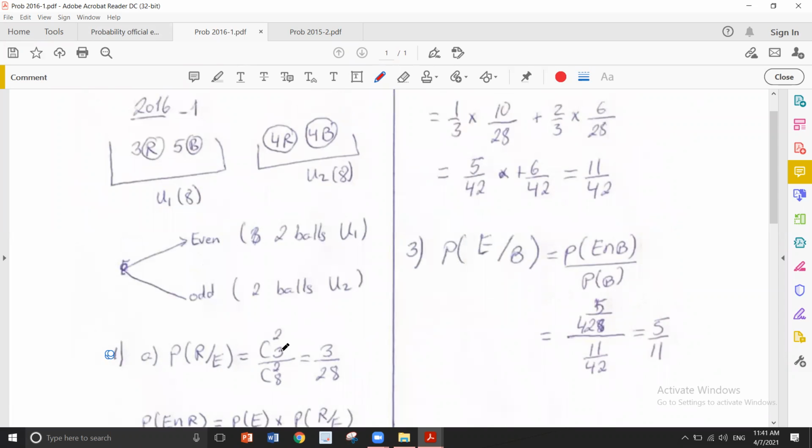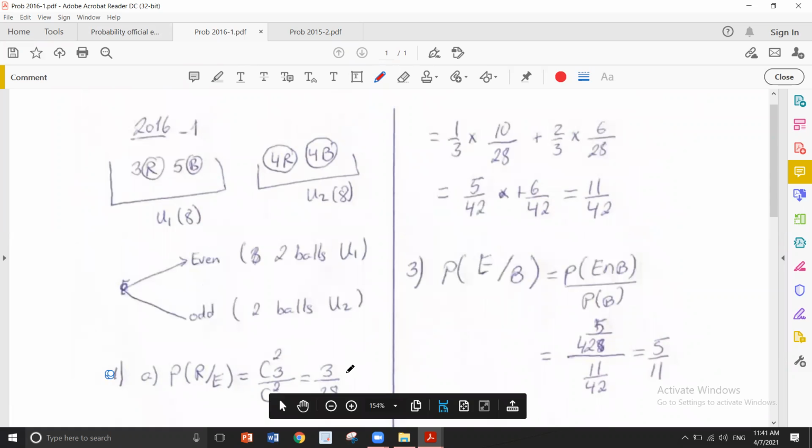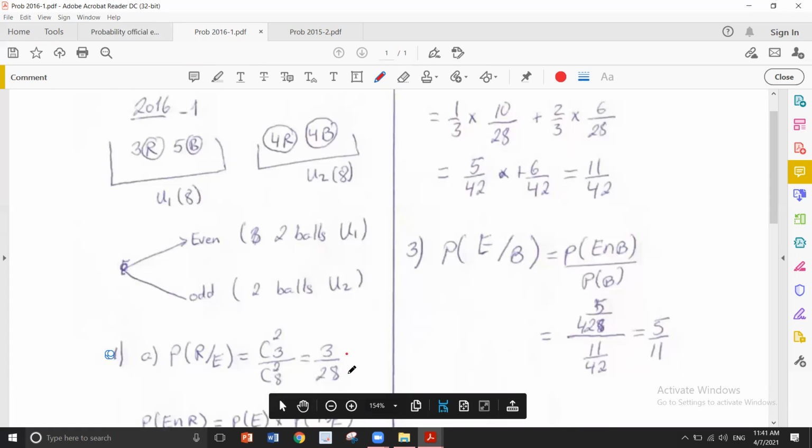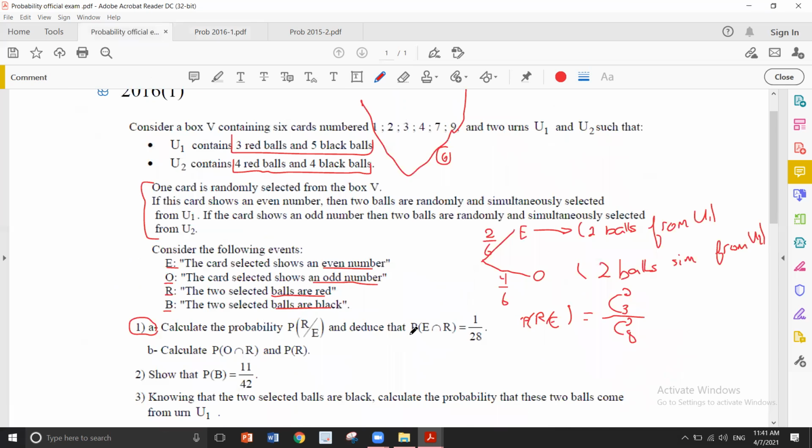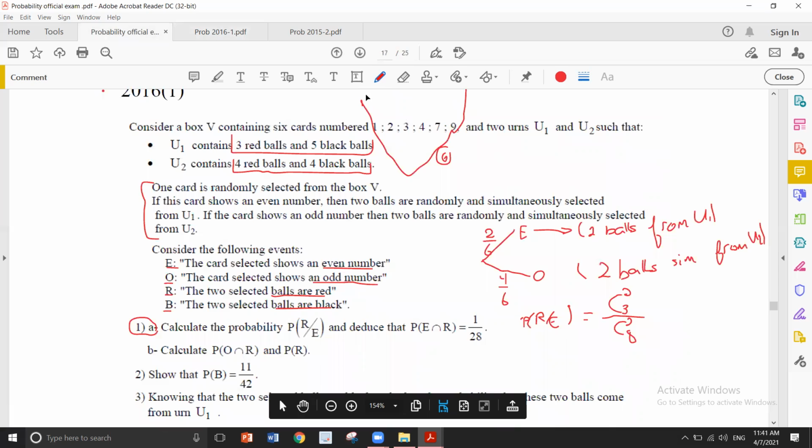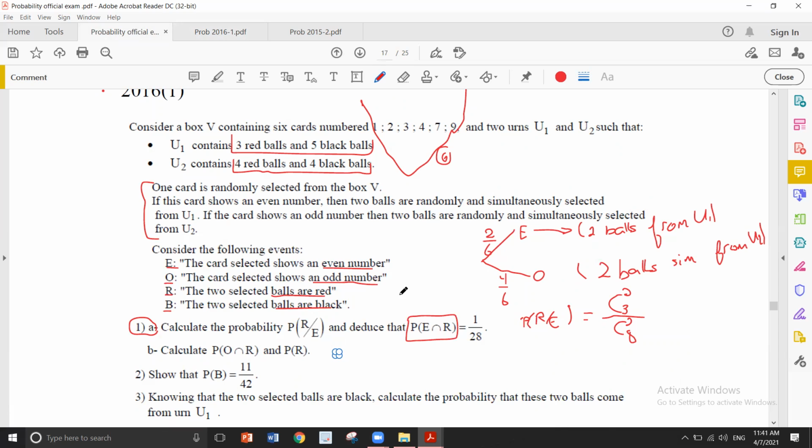Okay, guys. Now, what is the rule of the probability of E intersection R? What is the rule?